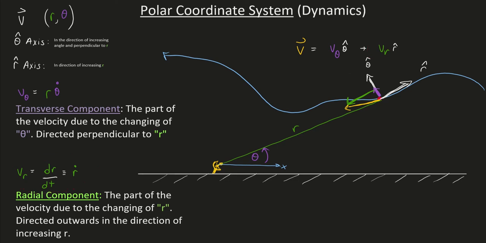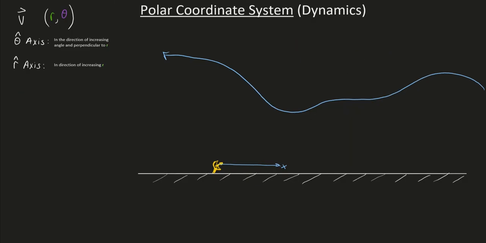So of course, we can have this entire conversation for acceleration as well. Now for acceleration, like velocity, we will be able to split it up into a transverse part and a radial part, but the equations for each one of these are not as simple as for velocity.